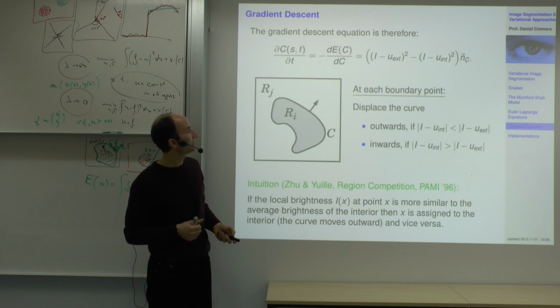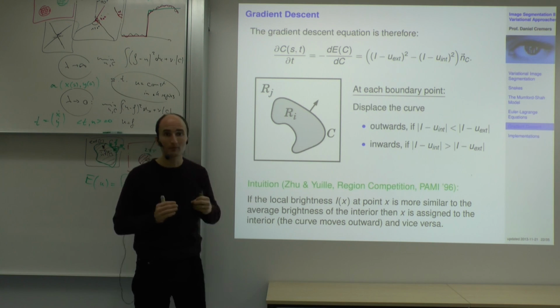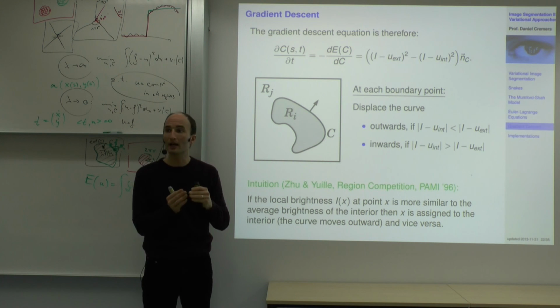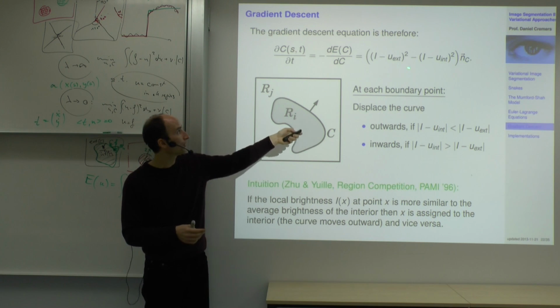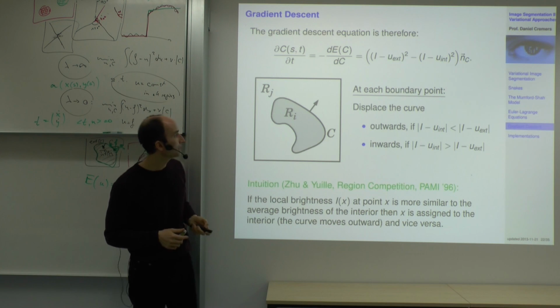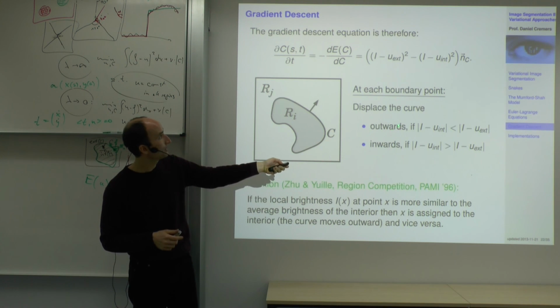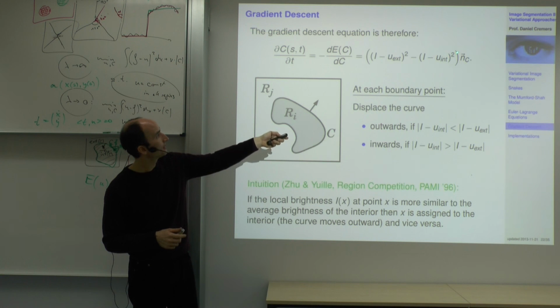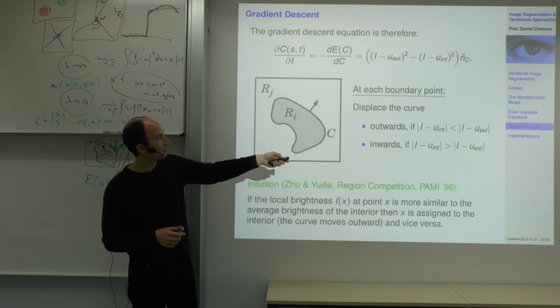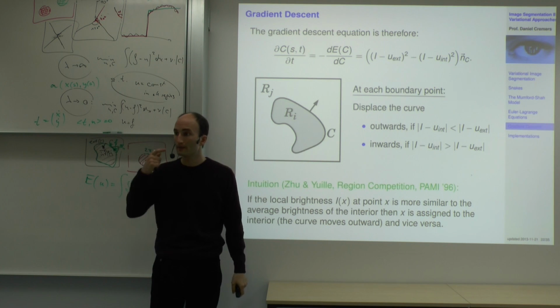And what does the displacement depend upon? Well, if this whole thing is positive, there is an outward motion. If this whole thing is negative, there is an inward motion. And what are the two cases? The outward motion emerges if that term is smaller than this term. So I minus U interior is smaller than I minus U exterior.